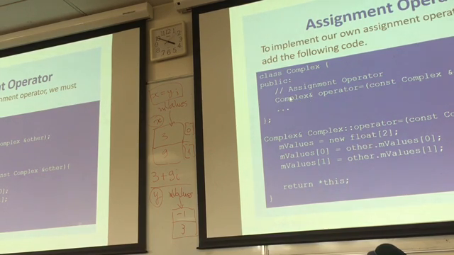Maybe we can move from complex. What if instead of complex, we say array of chars, array of integers, and I want to design assignment between an array of objects and another array of objects. They can have different sizes, so we always have to remember this.